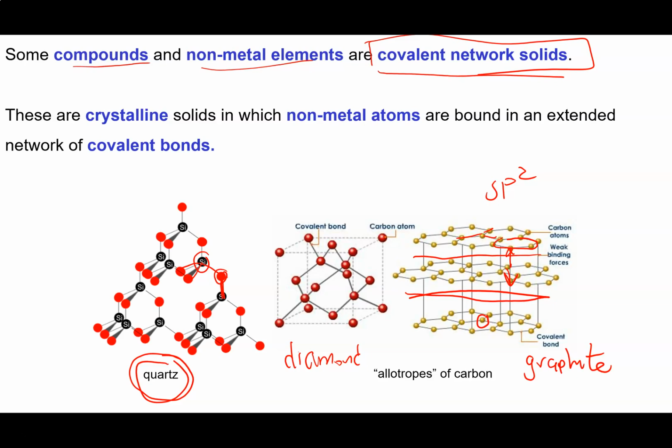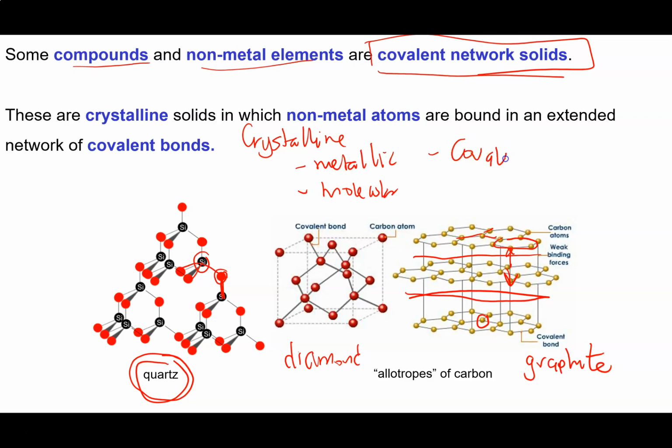So at this point we've looked at several different types of crystalline materials. We've got metallic crystals, molecular crystals, and covalent network solids. We also have ionic solids or crystals.